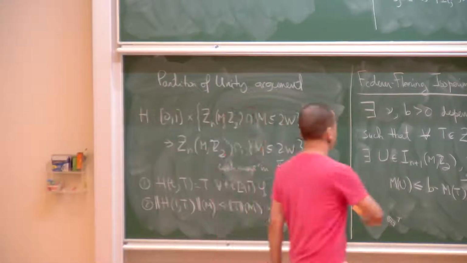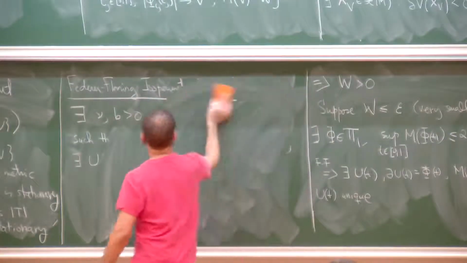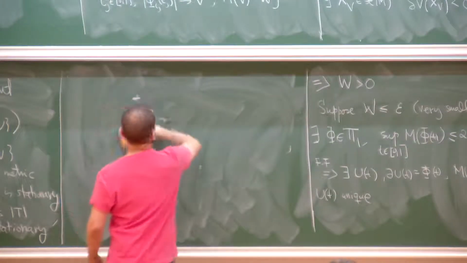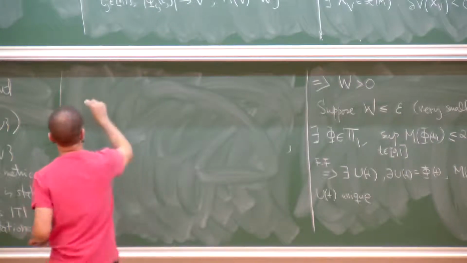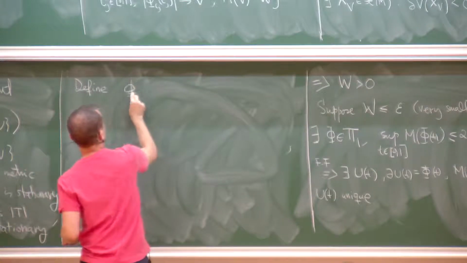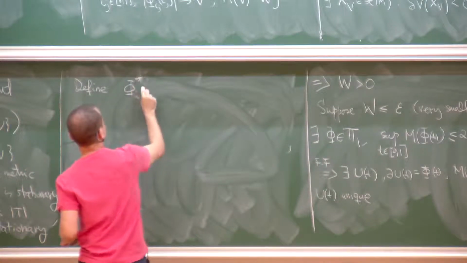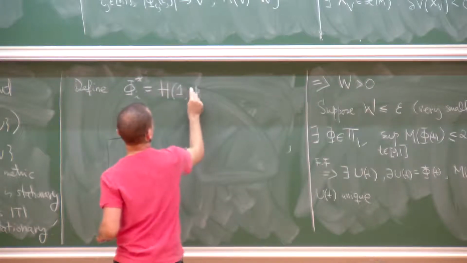So then what you do is, once you have a minimizing sequence Phi, I can define another map Phi star, which is just going to be H of 1 applied to Phi.